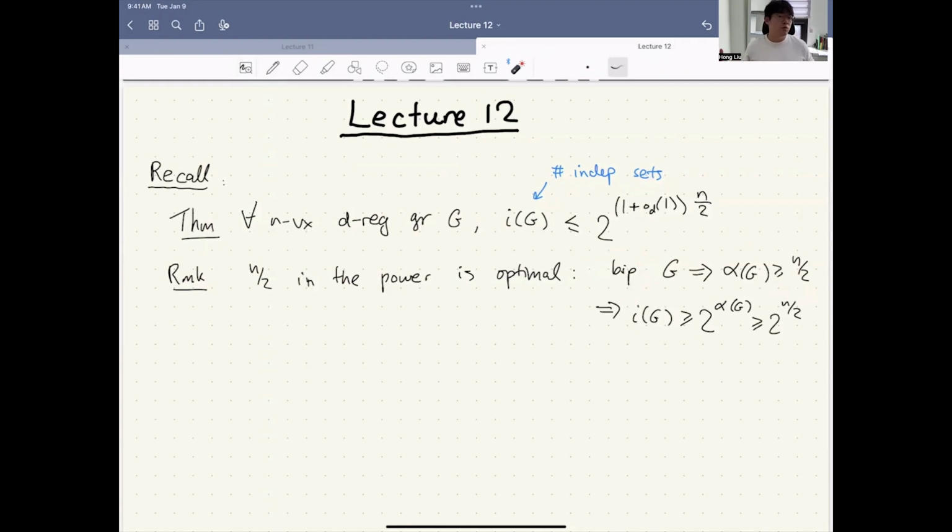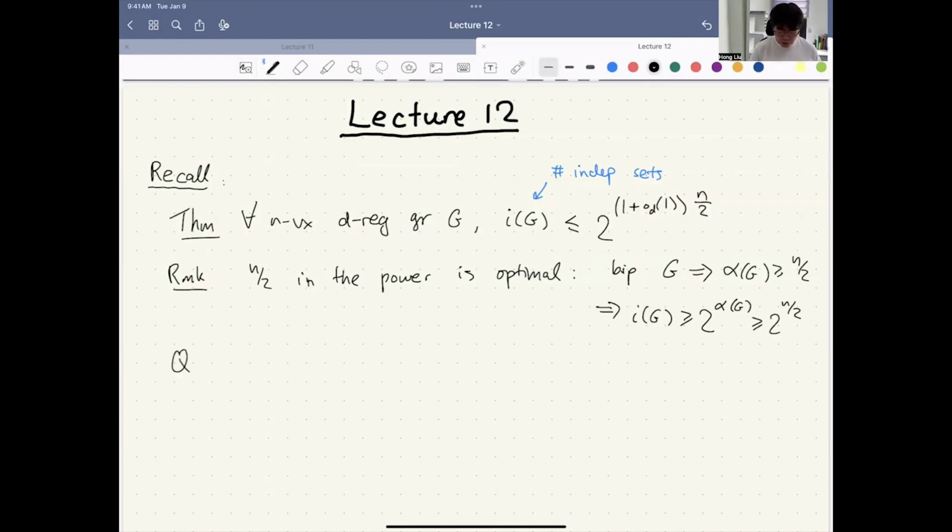So naturally, one can ask: if this regular graph, when the degree is growing, is not bipartite, if it's very far from bipartite, then is it possible to improve this bound? Ideally, improve it exponentially, like in this constant. And it turns out this is the case. We can do that. So let me write it down.